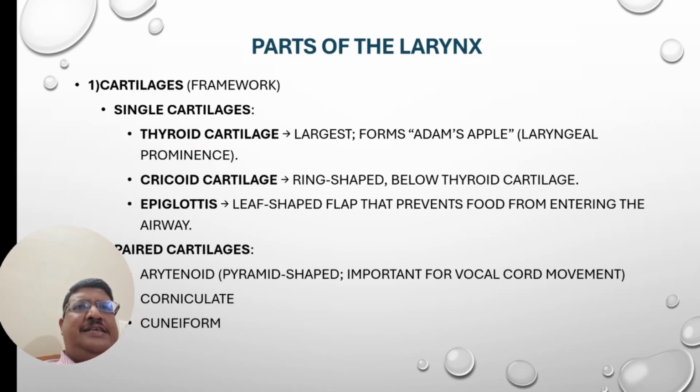Parts of the larynx: cartilages. First, single cartilages: thyroid cartilage, large, forming the Adam's apple; cricoid cartilage, ring shaped, below the thyroid cartilage; epiglottis, a leaf-shaped flap that prevents food from entering the airway.